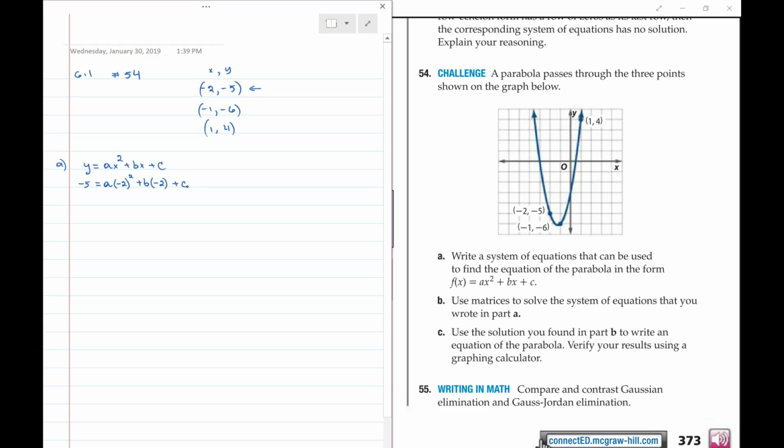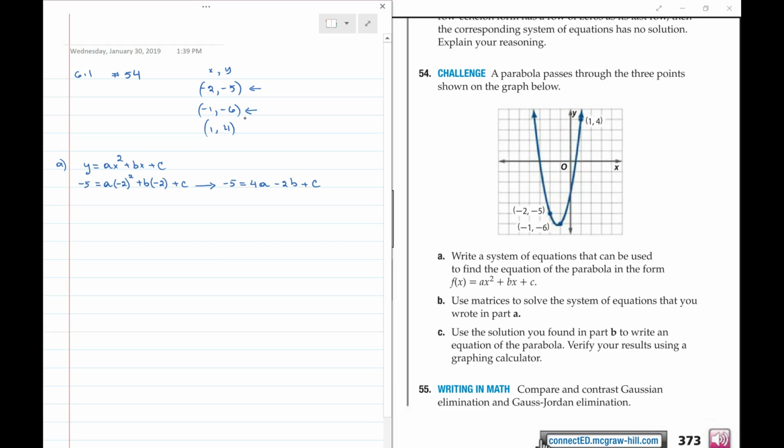Does anybody have any questions on where we got that from? Okay. If I were to simplify that, I get -5 equals 4a minus 2b plus c. Okay, now I'm going to do the same thing, but for this number.